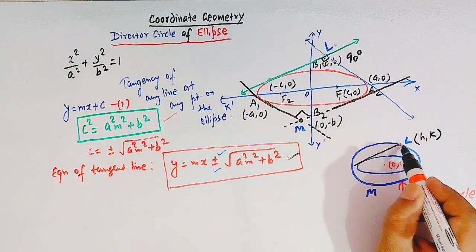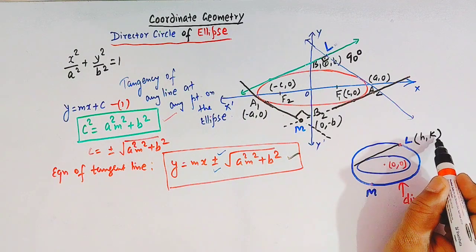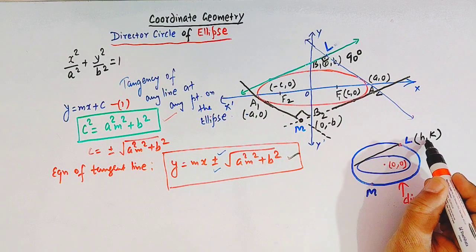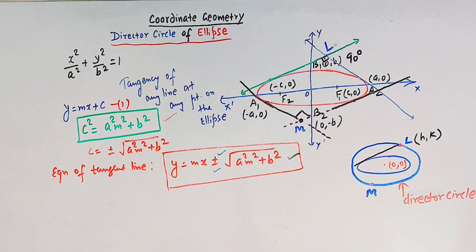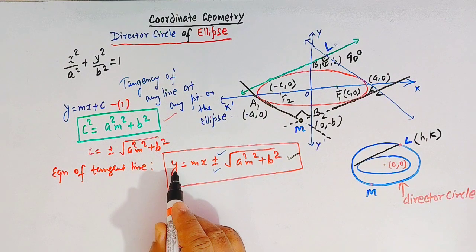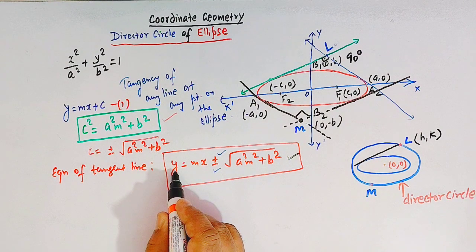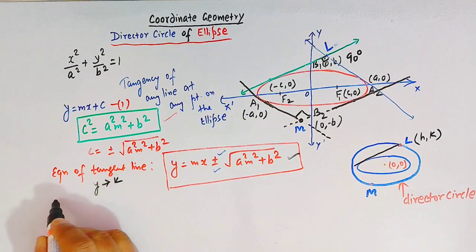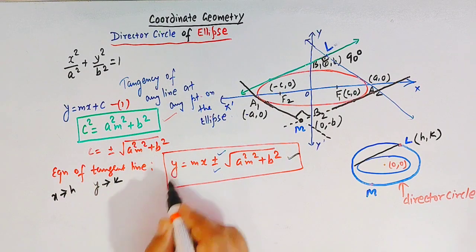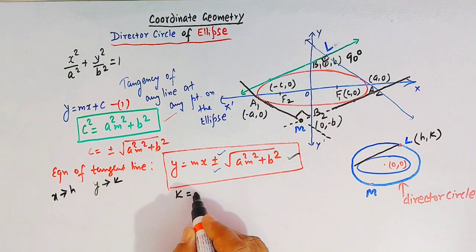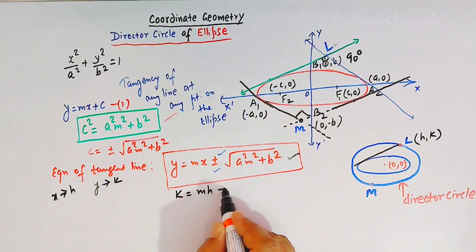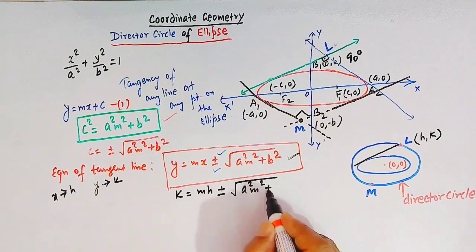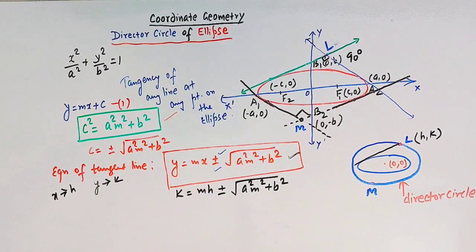If we take this point L as h comma k, then this tangent line contains this point h comma k, so this point satisfies this equation. Now if we replace y by k and x by h, then we'll get k is equal to mh plus minus square root of a square m square plus b square.